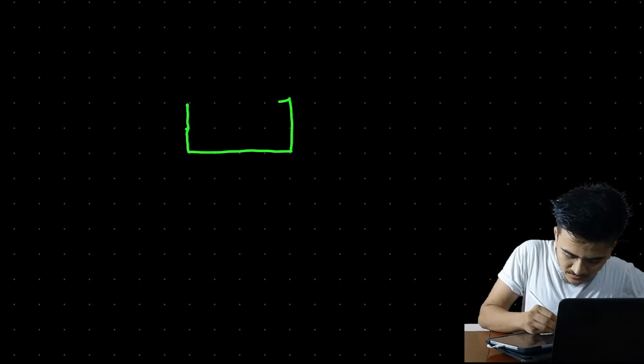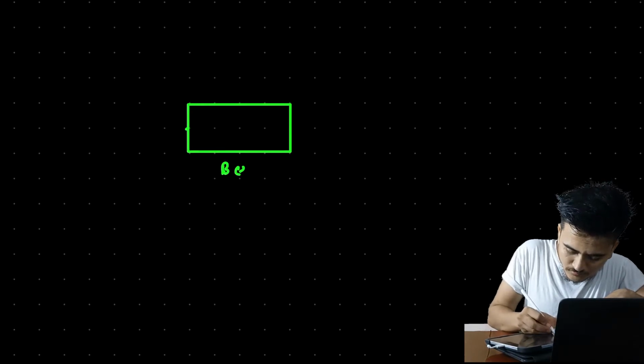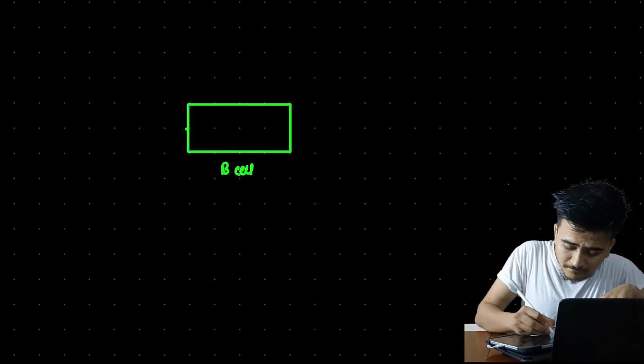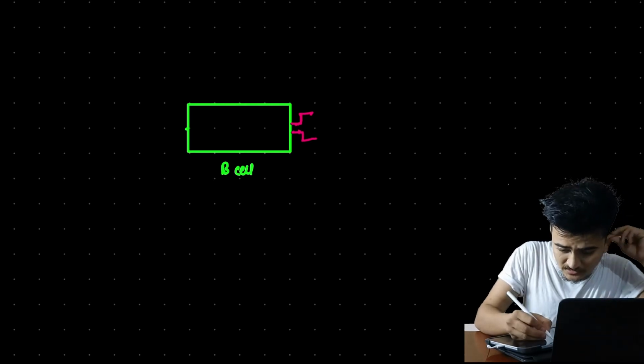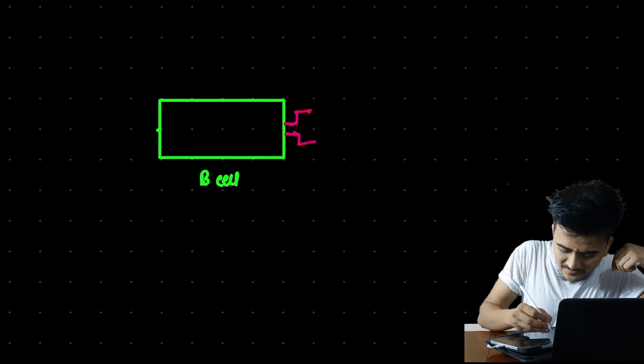Let us suppose this is our B cell. This B cell consists of BCR, the B cell receptor, on the surface. And what this B cell receptor does is, it recognizes or receives antigen.